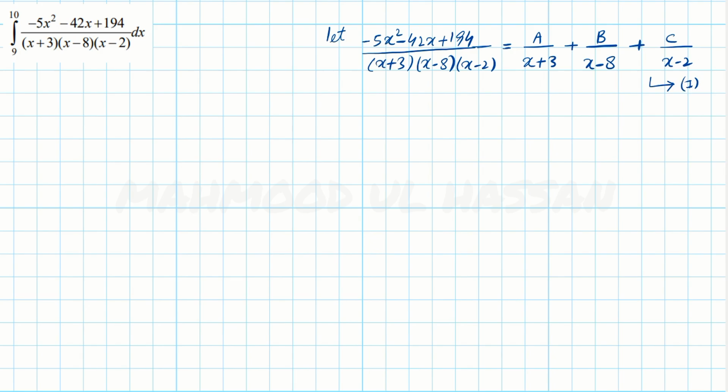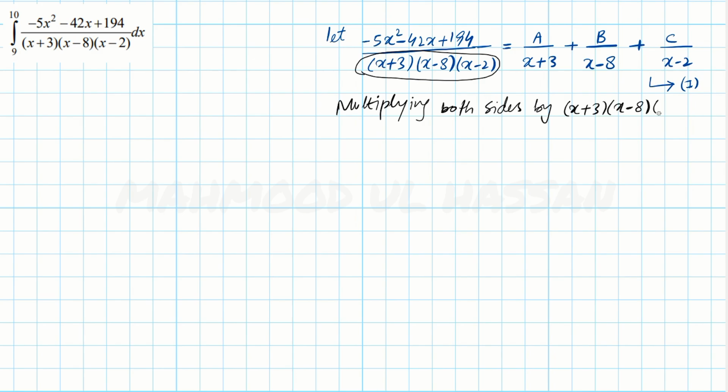So now we need to multiply on each side by this denominator. Multiplying both sides by (x + 3)(x - 8)(x - 2).